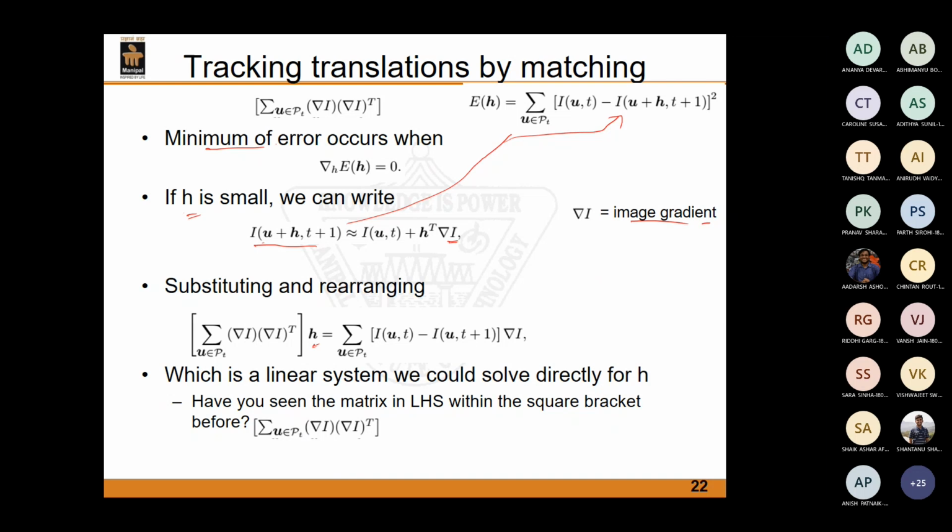Only if we know the translation can we find out other attributes with regard to that.